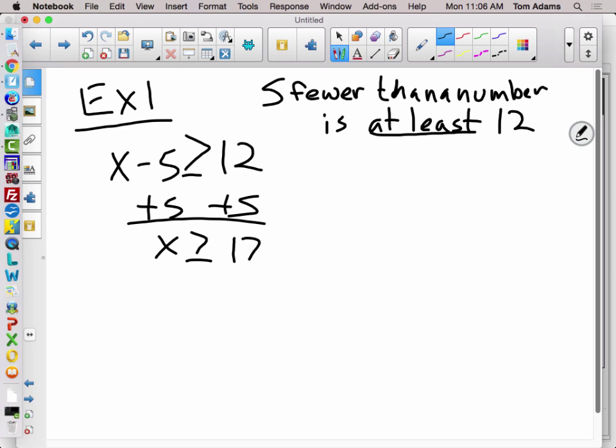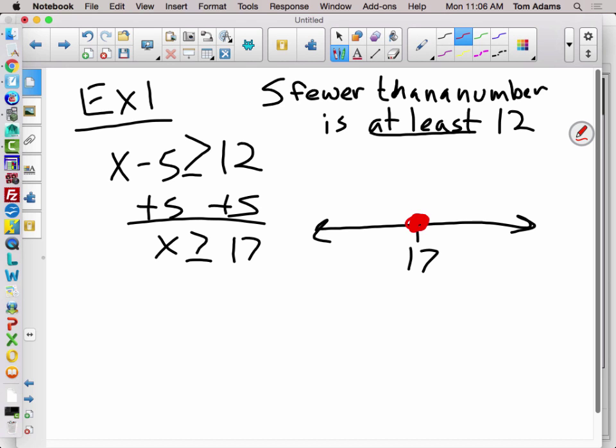That's it. Now I can represent this as a graph on a number line, by simply choosing the point 17. Is it inclusive? So what do I do? Closed circle at 17. X can be greater than 17, so what does that mean? Now here's a little trick sometimes people get confused about.